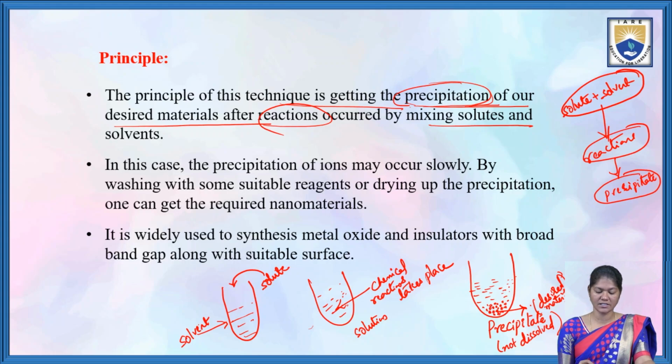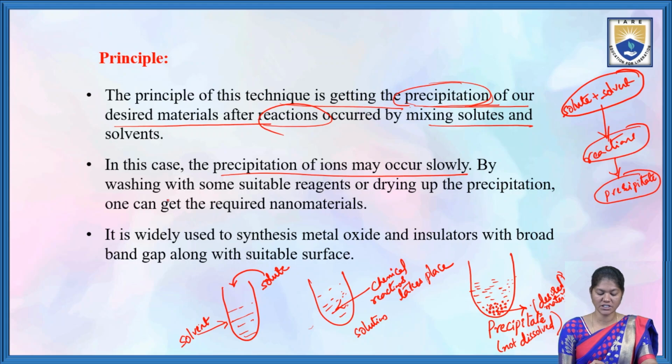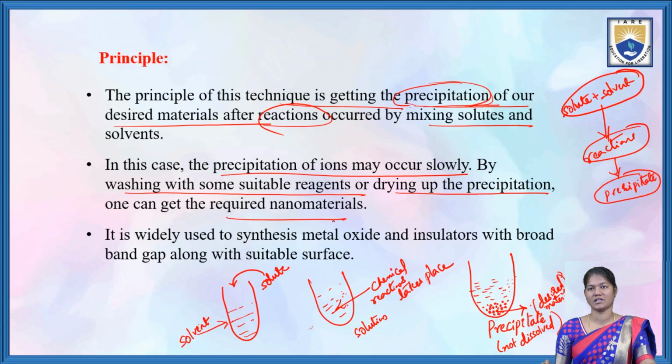In this case, the precipitation of ions may occur slowly. By washing with suitable reagents or drying up the precipitation, we can get the required nanomaterials.